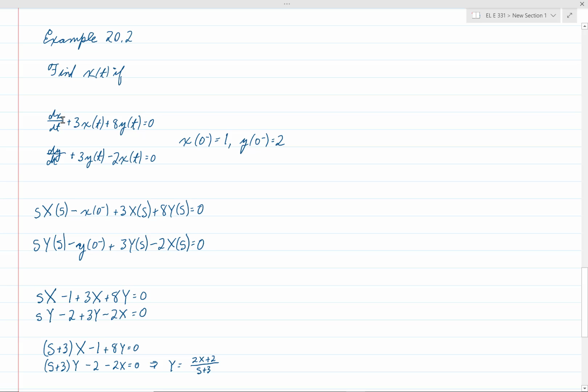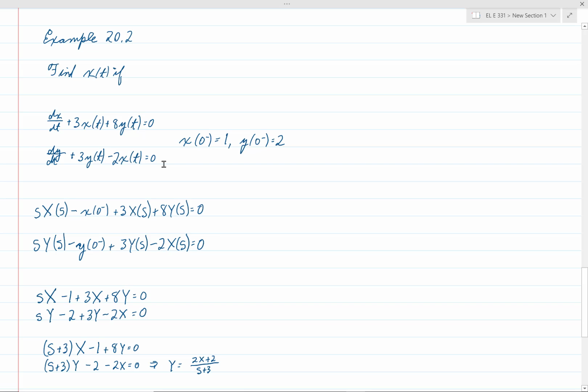You can see that both equations here involve x and y, and there's no clear way to get one equation with x alone and another equation with y alone. It just doesn't seem quite possible as long as you have these equations in the time domain. Or at least let's say it would be very difficult.